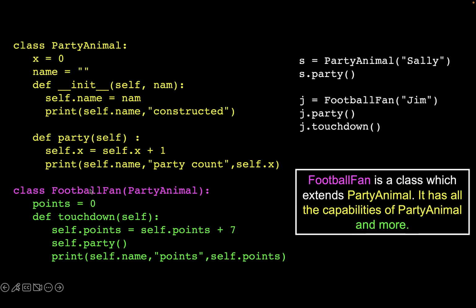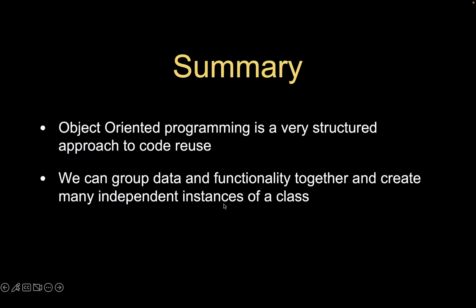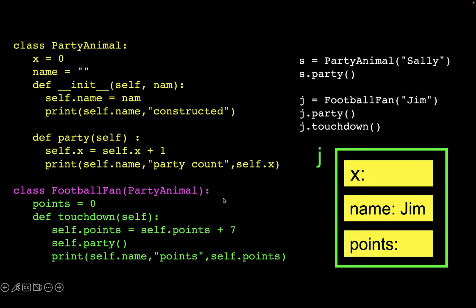Let me back up. Here it is. What does football fan know that party animal does not? Well, it inherits the instance variables that party animal has.